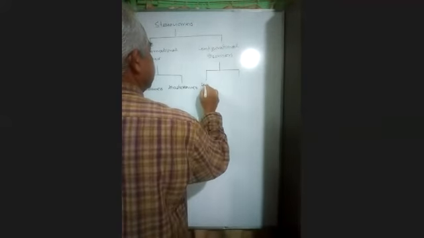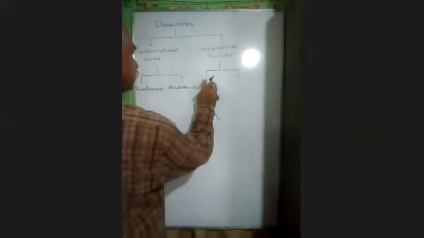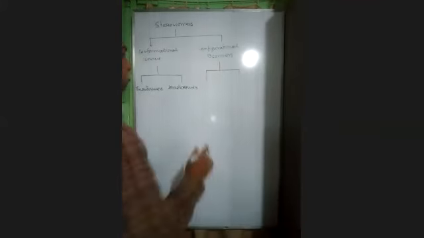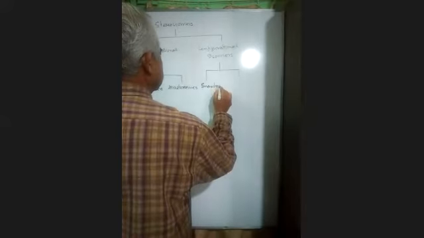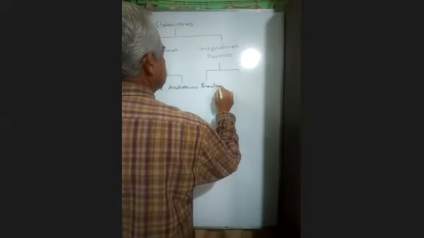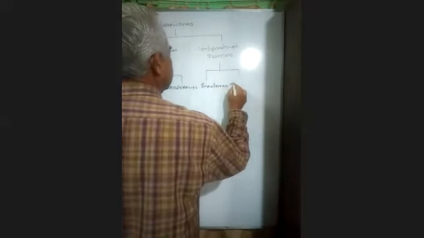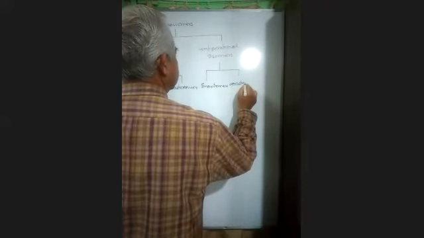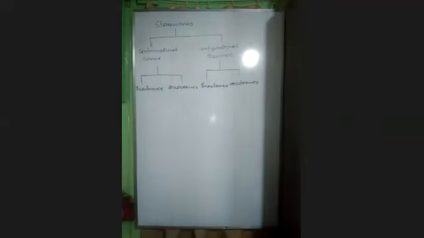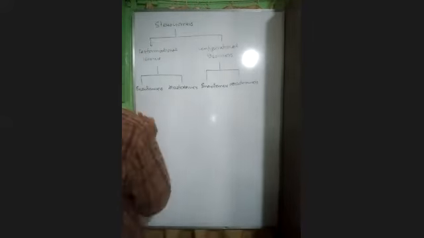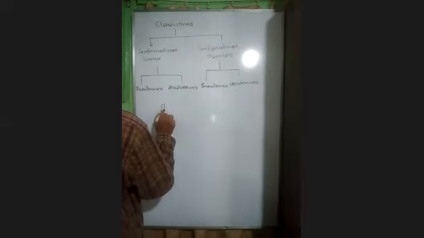Here also you get enantiomers and diastereomers. This word is missing in your book. Enantiomers also you are going to study in class 12. So I have given you the latest classification which is being done in stereoisomers. But the thing which is mentioned in your book is very old fashioned.